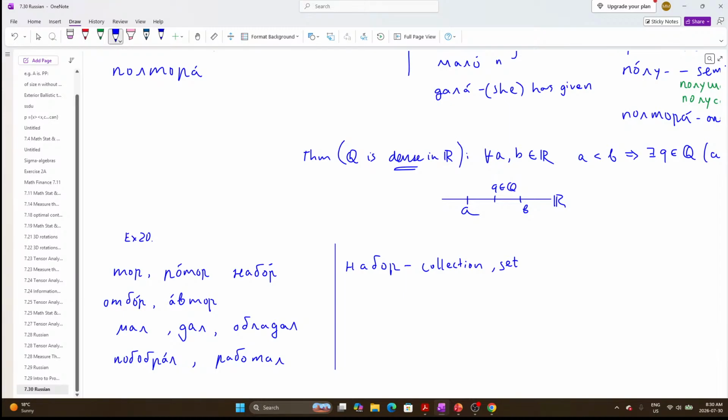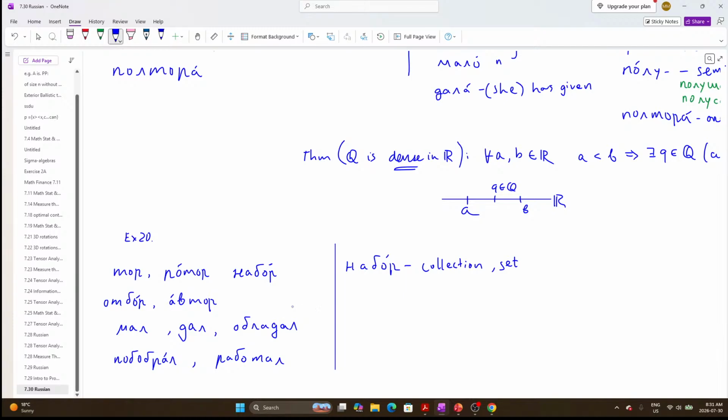Полтора землекопа. Which is usually used when kids make a mistake in an exercise where the answer should be a number of people and they got a fraction. Oh, okay, I see. Interesting. There's a catchphrase for that. That's cool. Nabor is collection, set. This is important.